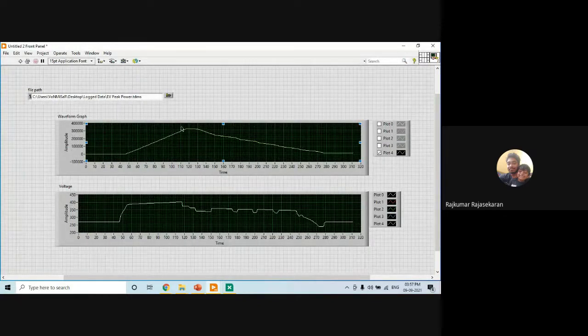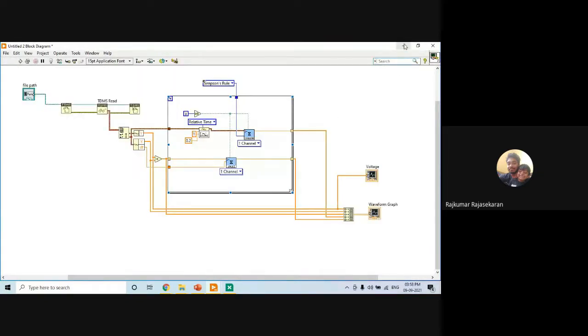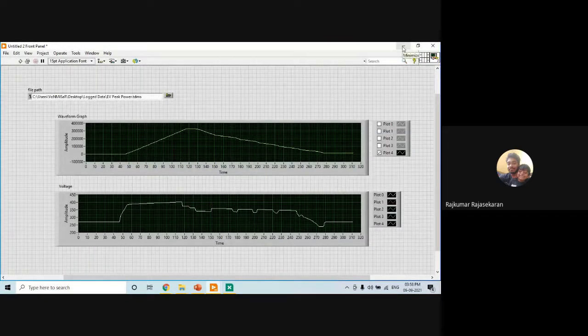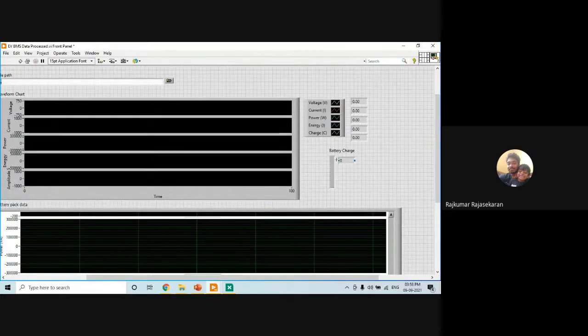For peak power, you can see the scale of it. Energy exposed will be high at this location. So that's about it. This has already been created.